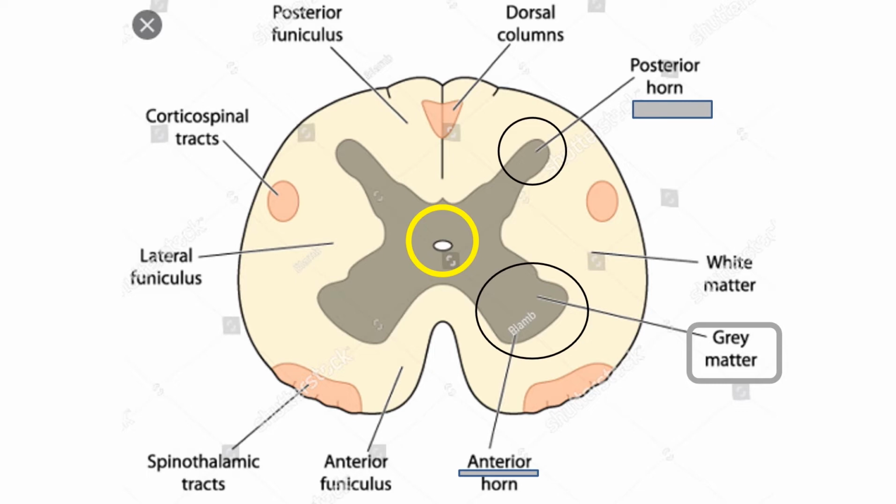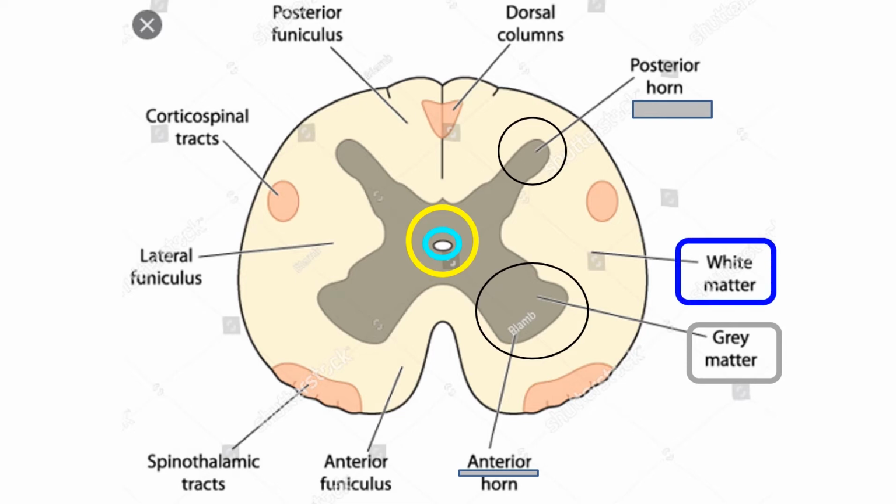This is called the intermediate mass of the gray matter, and inside this intermediate mass we have the central canal. What is the central canal? It is a continuation of the fourth ventricle of the brain. What does it contain? It contains cerebrospinal fluid.